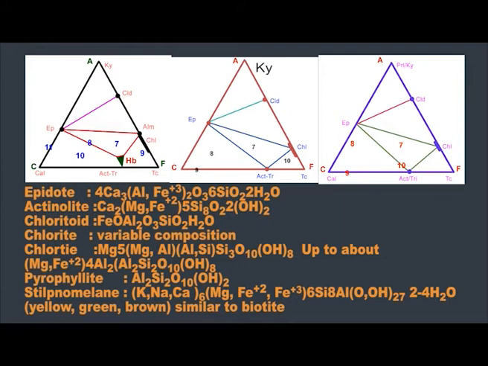Pyrophyllite: Al2 Si4 O10 (OH)2. Stilpnomelane: K Na Ca 6 (Mg, Fe2+, Fe3+) 6 Si8 Al O27 (OH) 2 to 4 H2O, yellow, green, brown, similar to biotite.